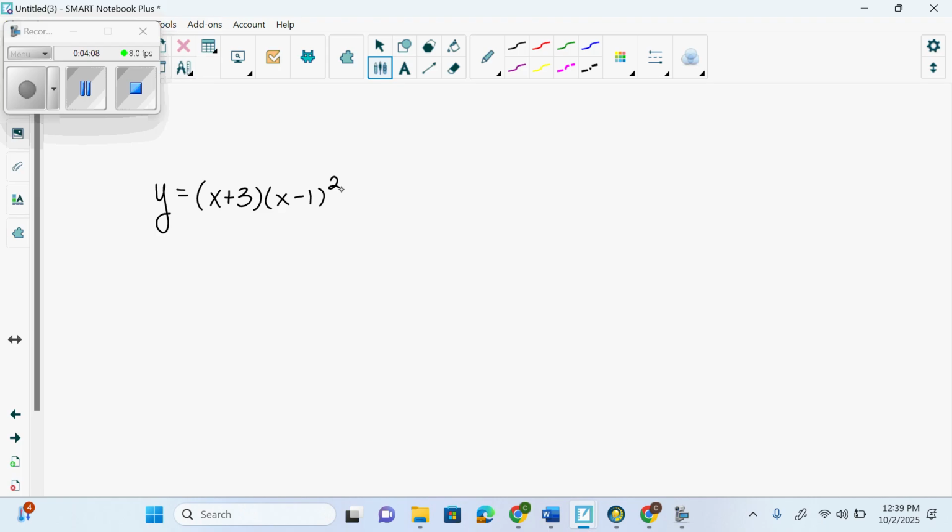Now, what if I do this? Go into Y2 and put that. Make the line thicker. Unless you have colored lines, then don't worry about it.